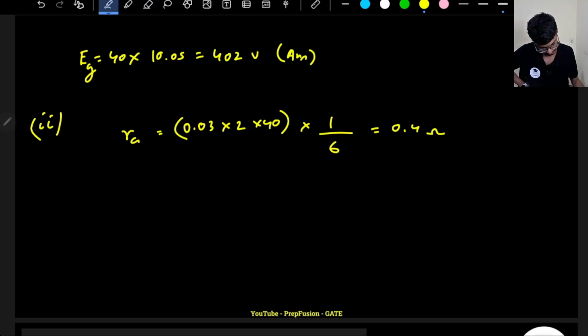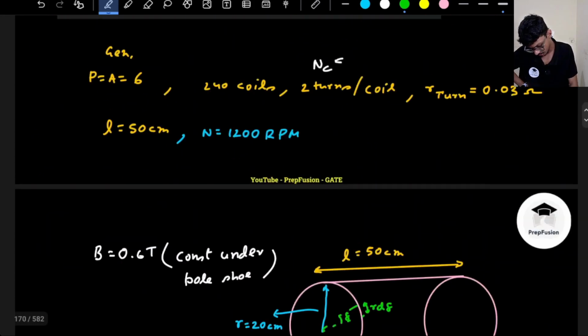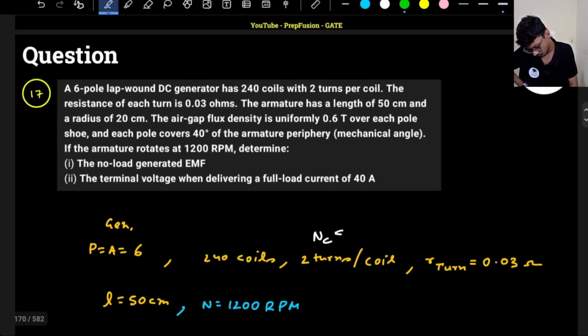Now I have to find out the terminal voltage. Terminal voltage for a generator will be Eg minus Ia Ra. Okay, so Eg is 402 minus Ia Ra. So Ia, they have told me that it is supplying how much current? 40 amperes of current.